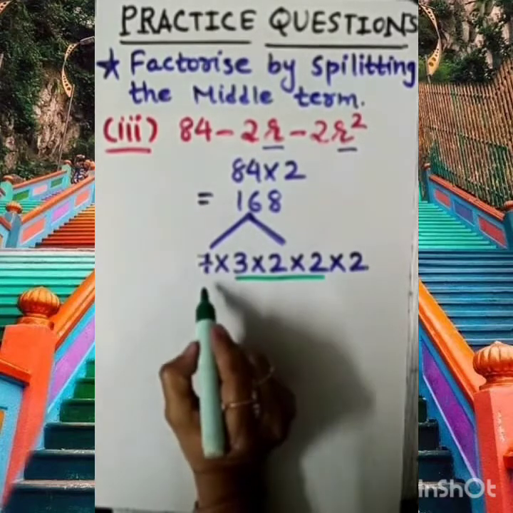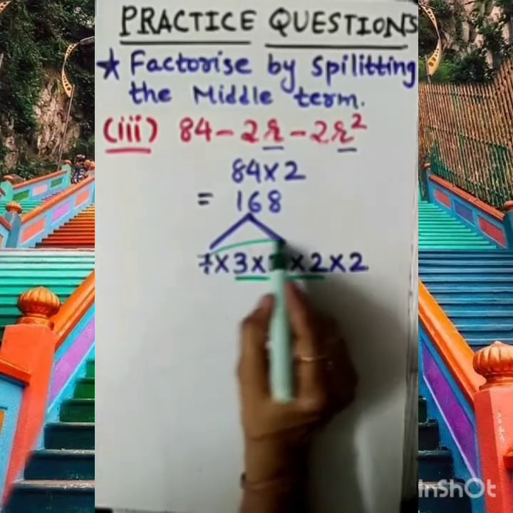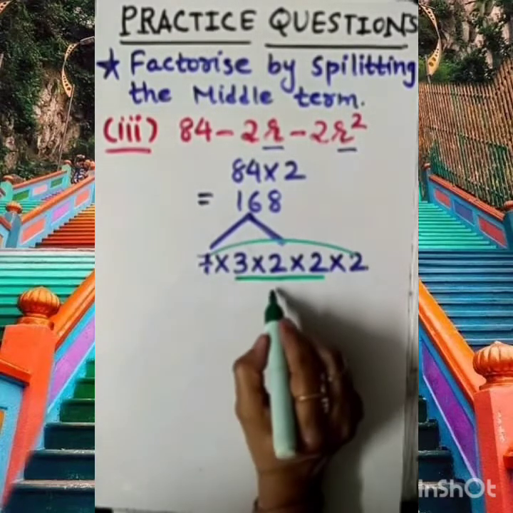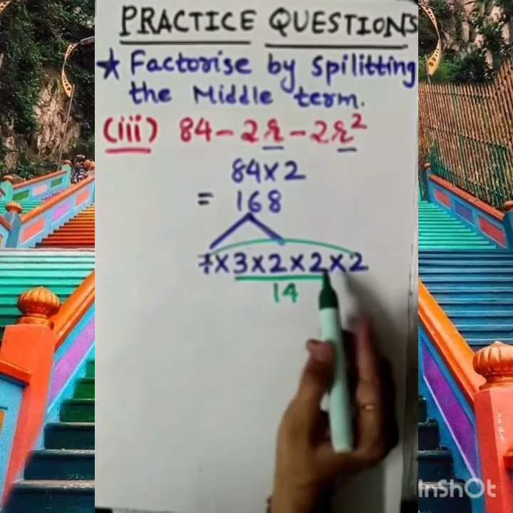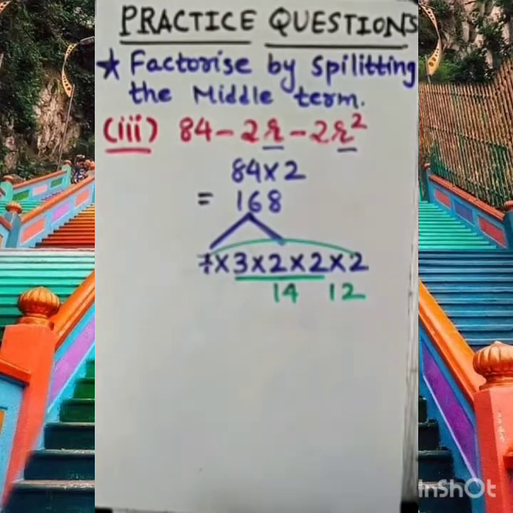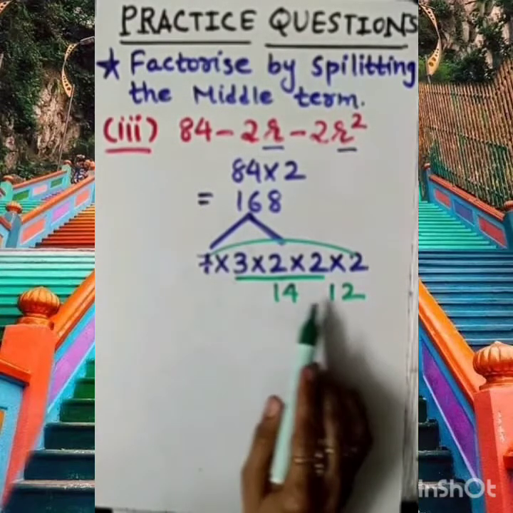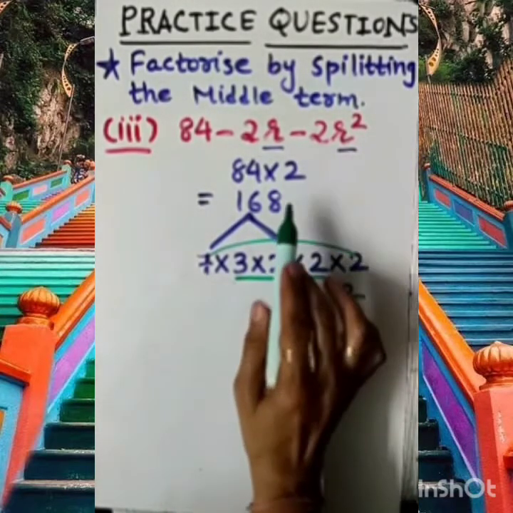So 7 2s are 14, so here one of the factors is 14. 3 2s are 6, 6 2s are 12, so another factor is 12. And as we know, the product of 14 with 12 gives the result 168.